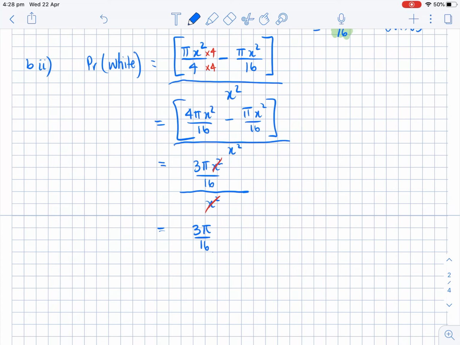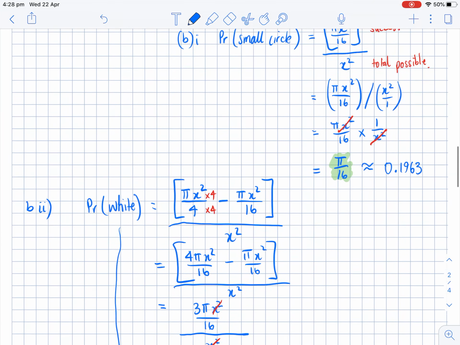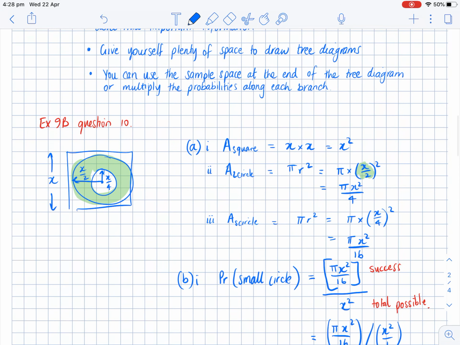So that is the probability of landing in the white area. And then the final part of this question, I'm assuming, is what's the chances of landing in the outer shaded area. So the outer shaded area will be the green space. Now my diagram up here has been messed up. We're talking about landing in these outside corners here.